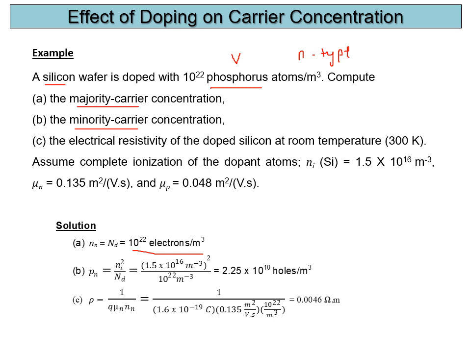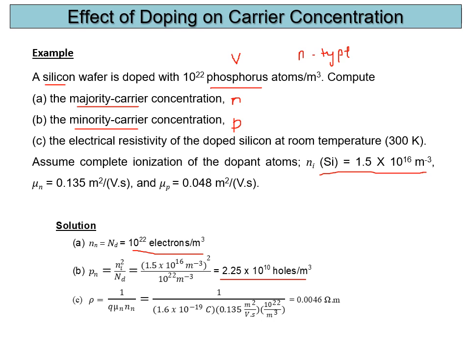Then you need to calculate the minority carrier concentration, which is p. Majority is n, while for the minority carrier concentration, which is p or holes, pn equals ni squared over Nd. You just insert the values in this equation, and you find that the hole carrier concentration is about 2.25 multiplied by 10 to the power of 10 holes per meter cube.